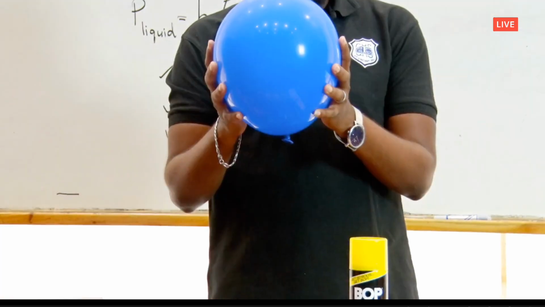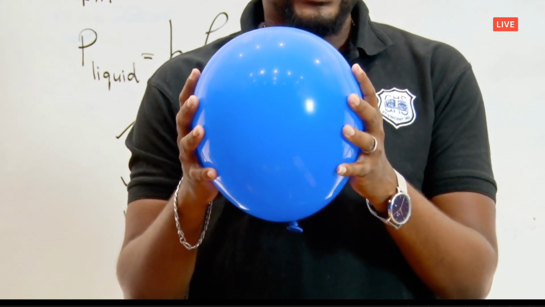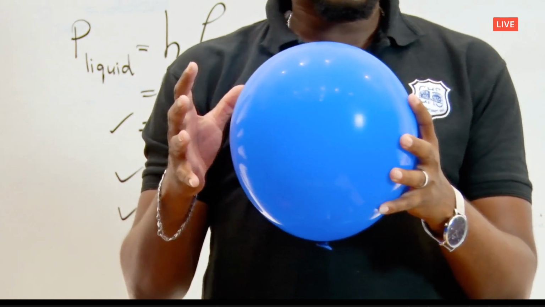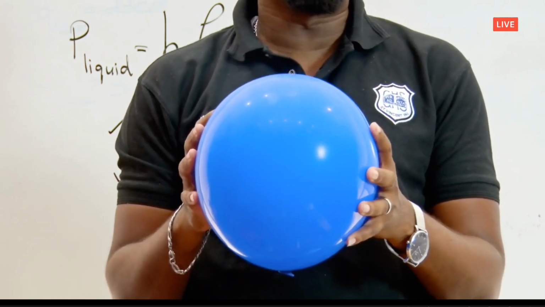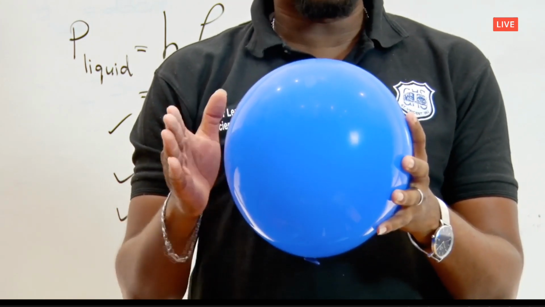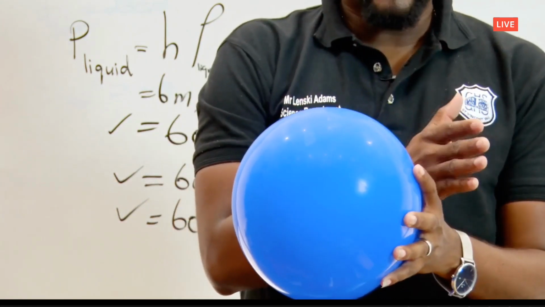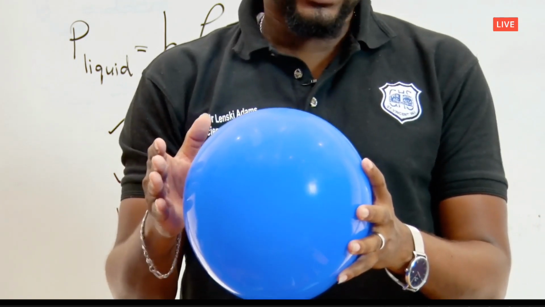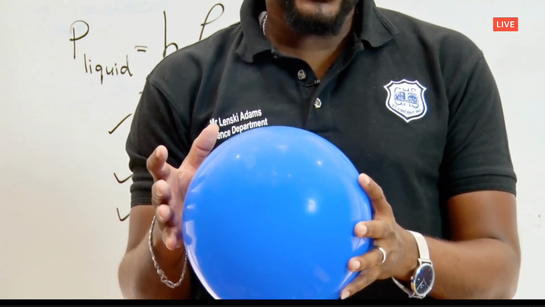But what we're going to do, if we trap a gas into some container, for instance, if we trap gas in this balloon, what really causes the balloon to expand is the pressure exerted by these gas molecules inside the balloon, right? Now, these gas particles have so much energy that they're always moving, going from one end of the balloon over to the other end and back continuously.